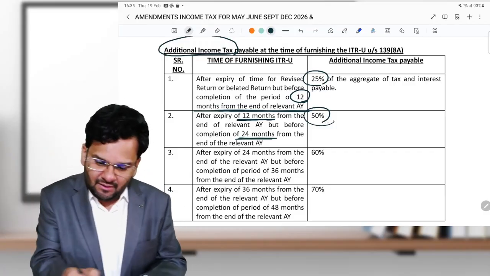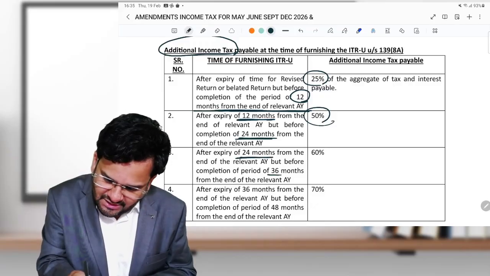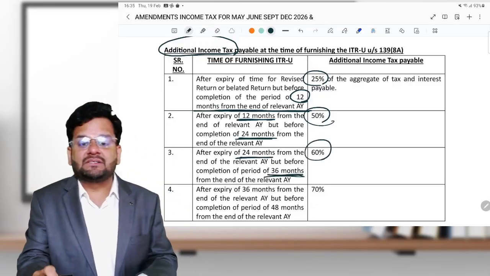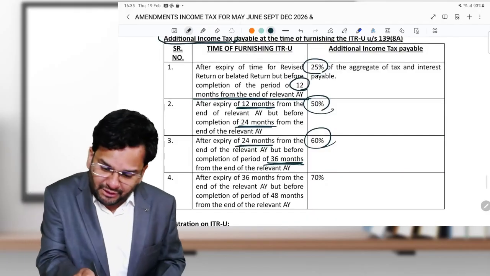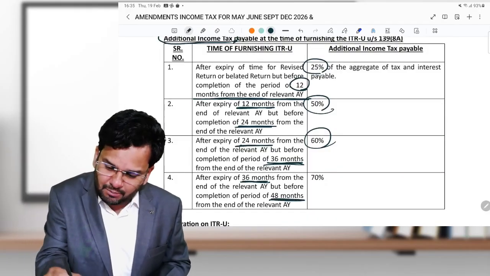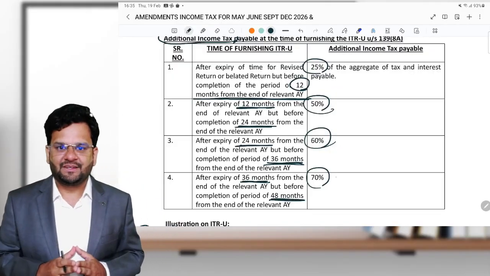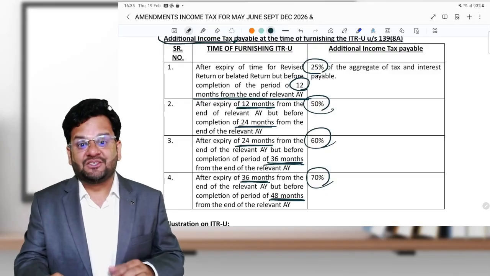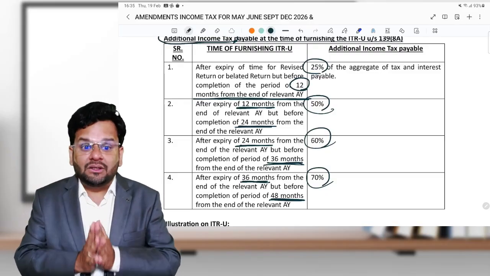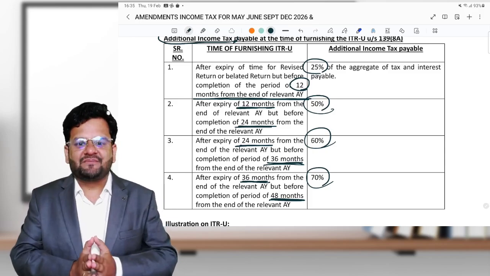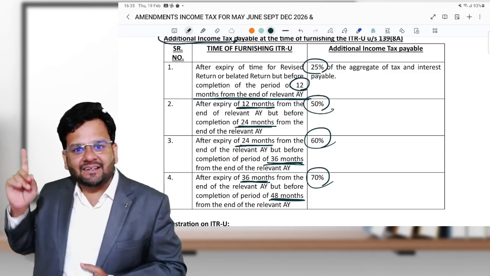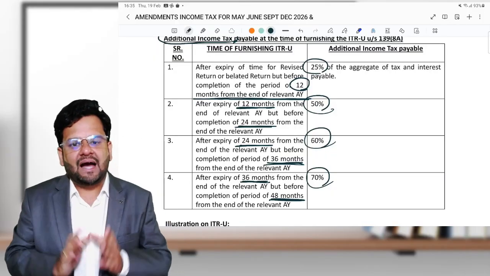If you are filing between 24 months to 36 months, then 60%. And if you are filing between 36 months to 48 months, then it is 70%. Clear, friends?